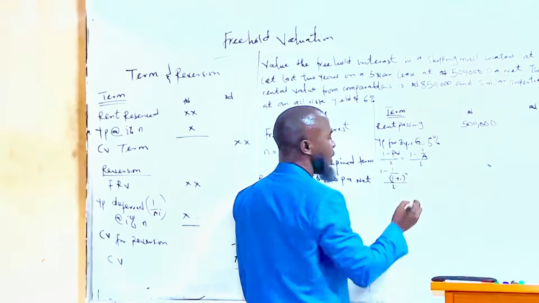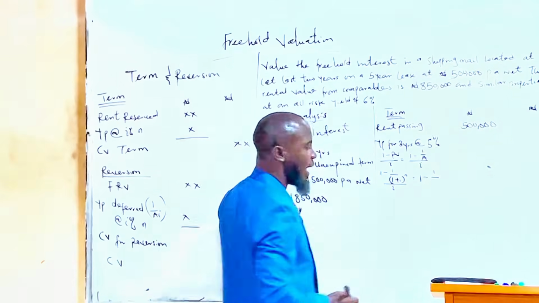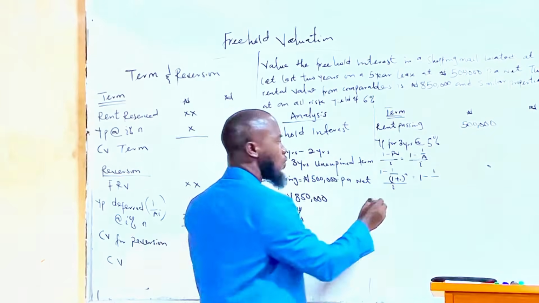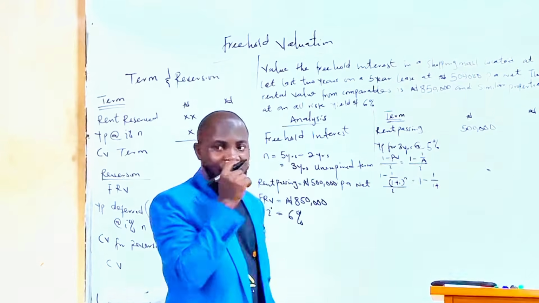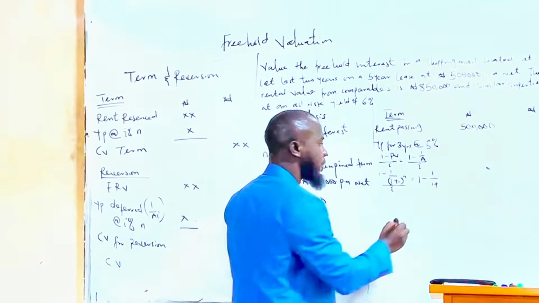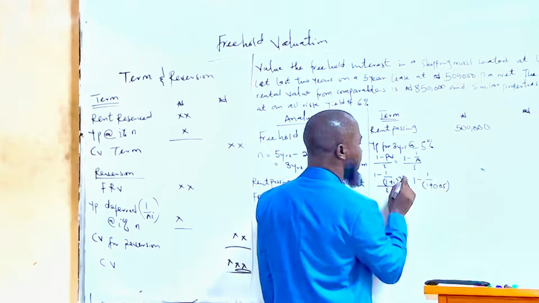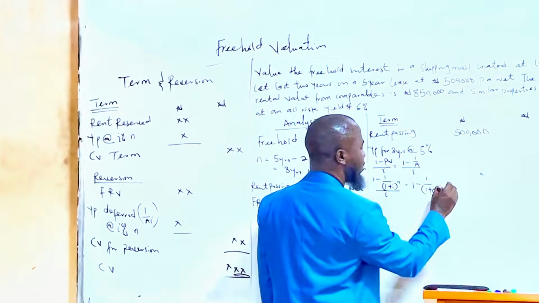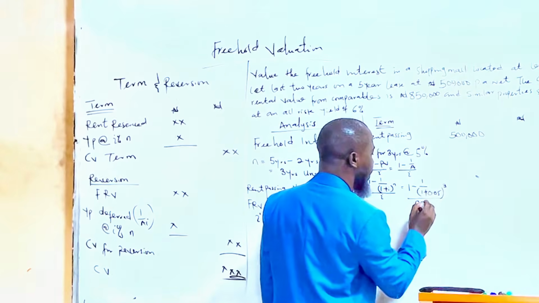So let's solve this. We have 1 minus 1 all over 1 plus i, 5%. 5 over 100 is 0.05, all raised to power n, the number of years, 3, the unexpired term, all over 0.05.